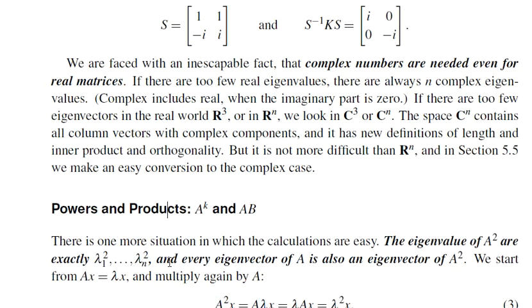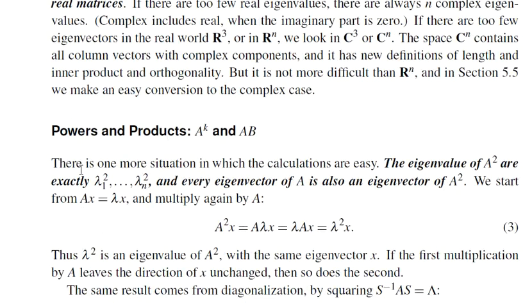So let's see how to find the powers and products. How can we find A to the power k and A into B? The eigenvalues of A square are exactly lambda 1 square, lambda 2 square.